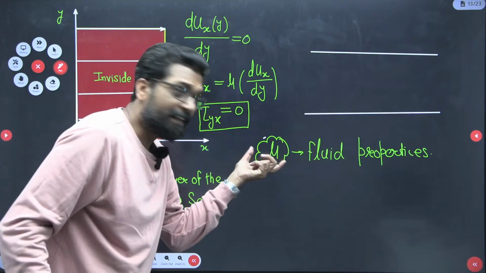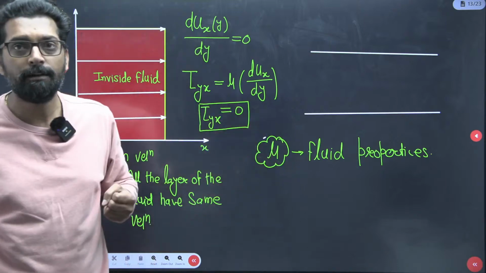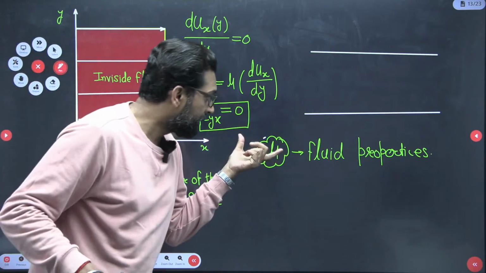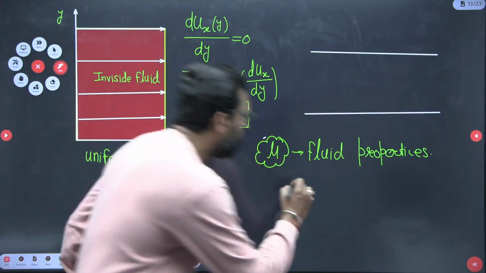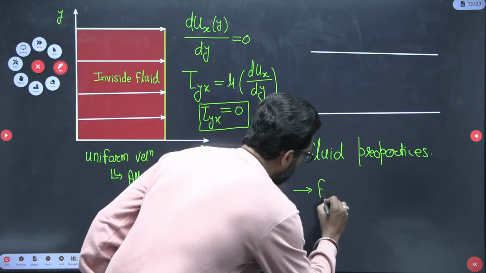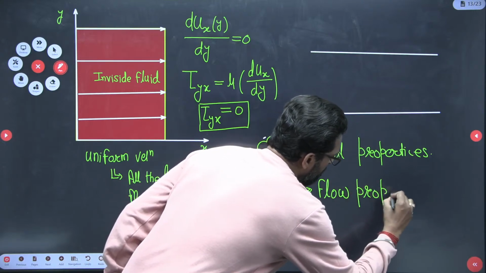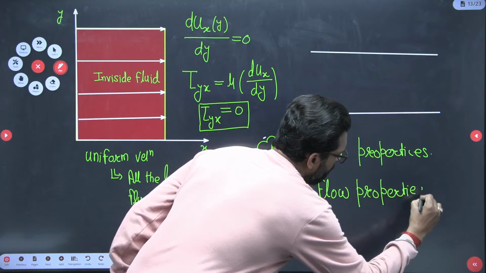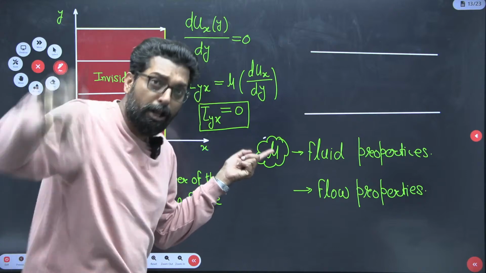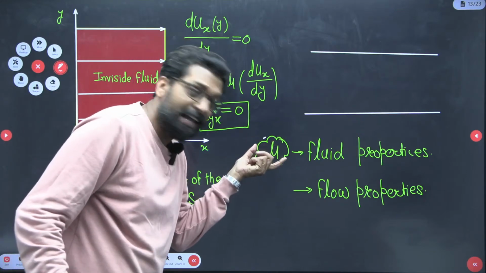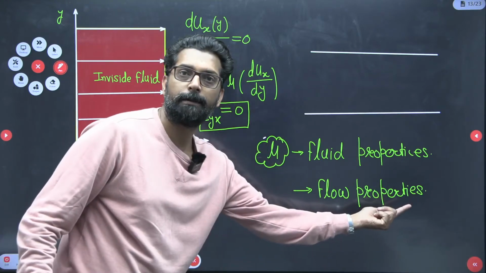Now, is this present or not present? Who decides whether it will be induced or not? The flow property. Yes, in the fluid it will be present, but whether it gives the action or not, the flow property decides.